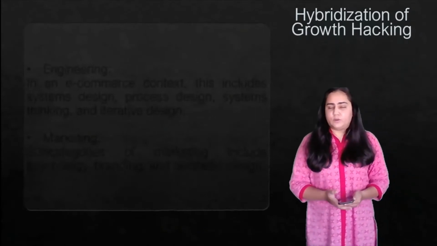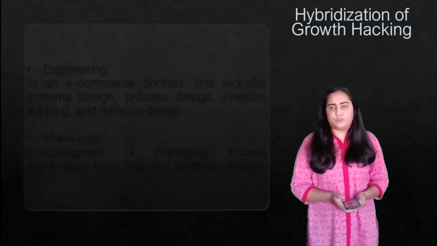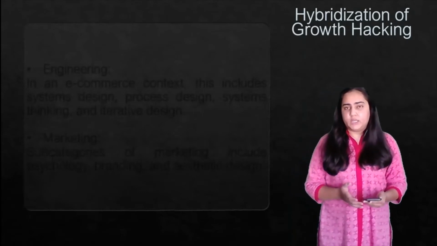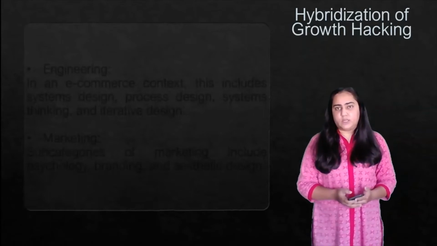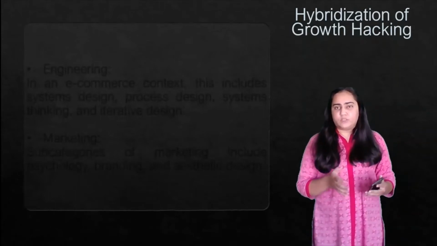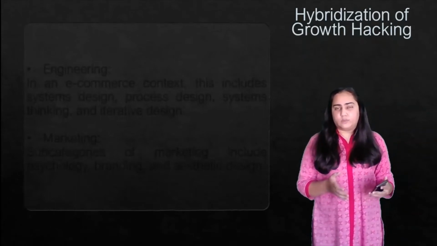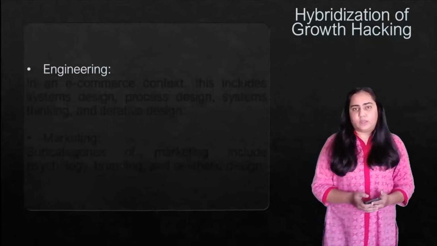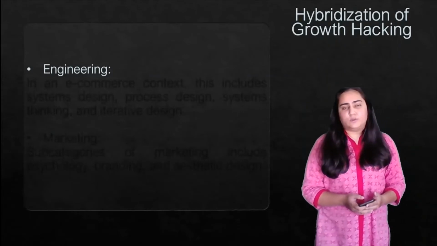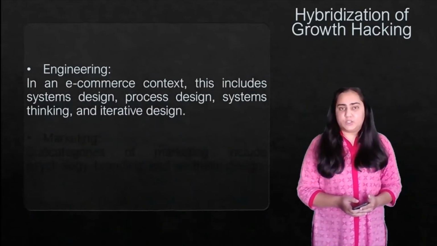Now, we are going to talk about the hybridization of growth hacking. Growth hacking is a process that involves a lot of technologies, and we are going to see what those technologies are and the hybrid approach that is applied to get growth hacking. So the first technology used is engineering.